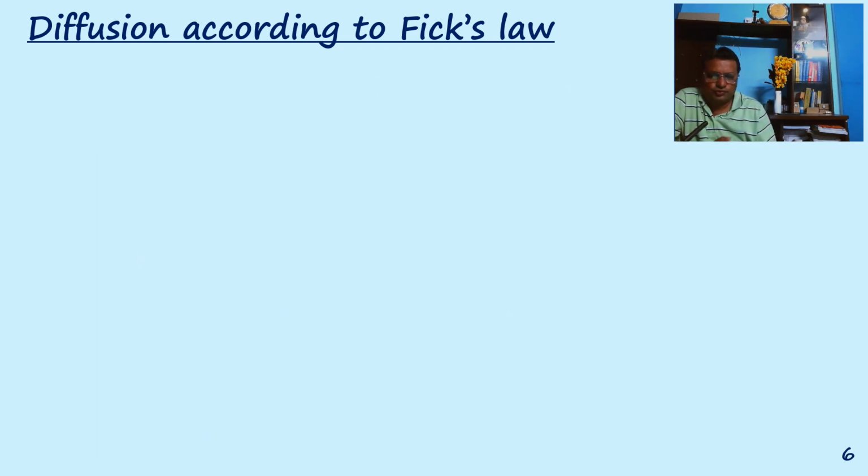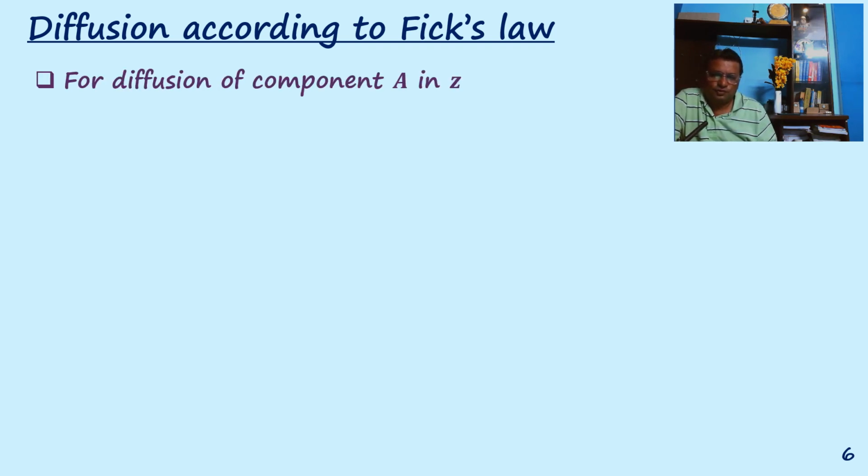Okay, so let us continue with the law. We have just understood how Fick's law is stated for diffusion through solids. If you have to represent the law in a mathematical form, you can do it in this way. Consider diffusion of component A in z direction.